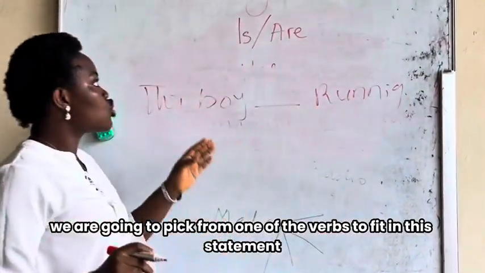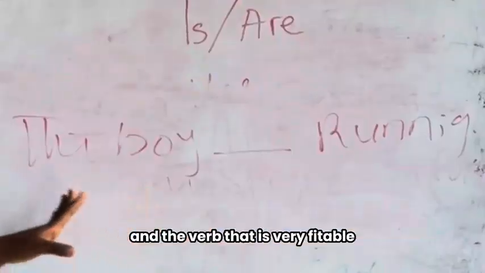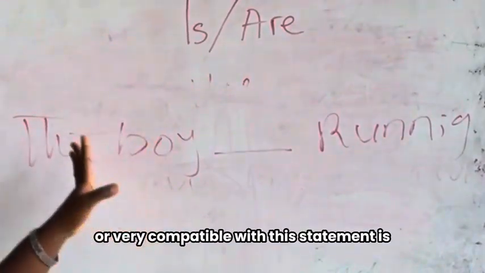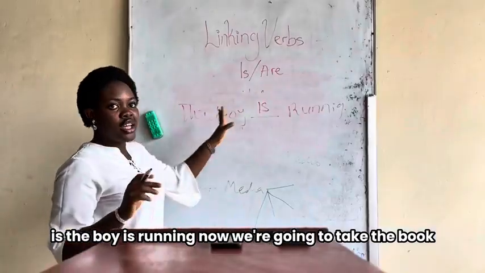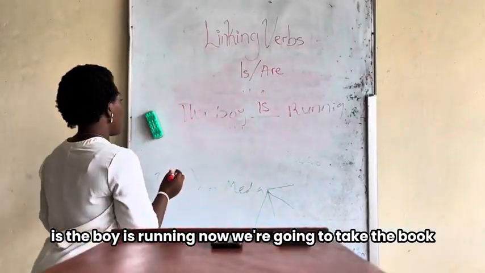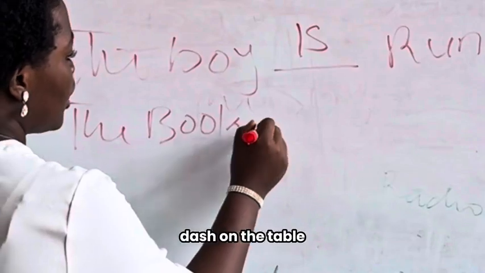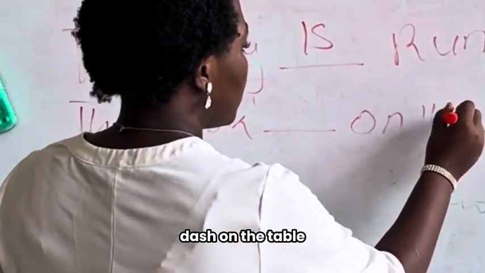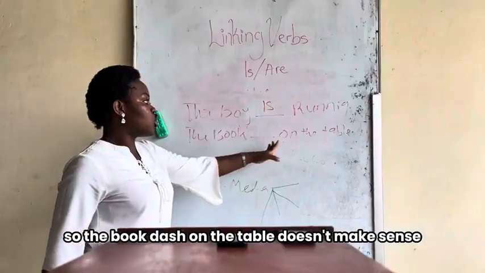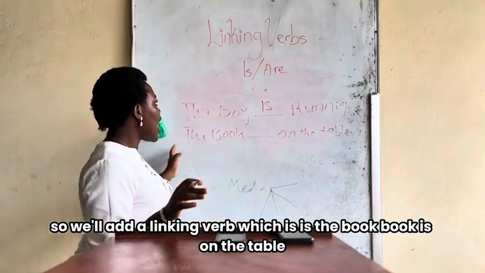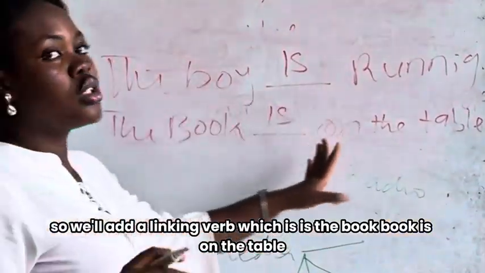Now we are going to pick one of the verbs to fit in this statement, and the verb that is very compatible with this statement is is. The boy is running. Now we are going to take the book dash on the table. The book dash on the table doesn't make sense. So we'll add a linking verb, which is is. The book is on the table.